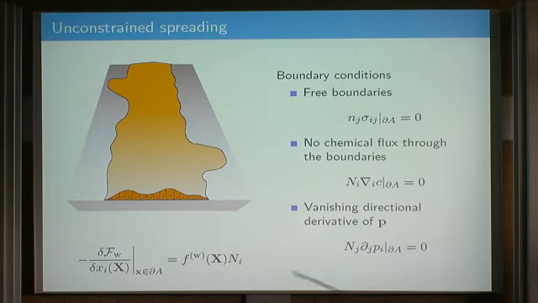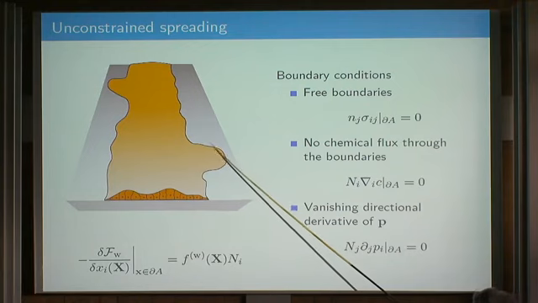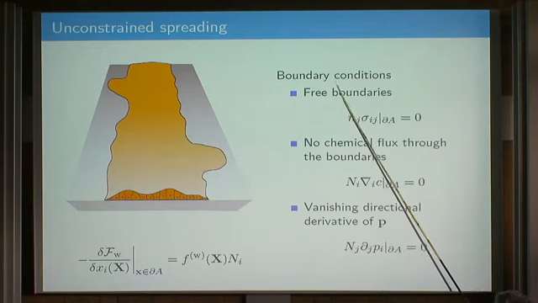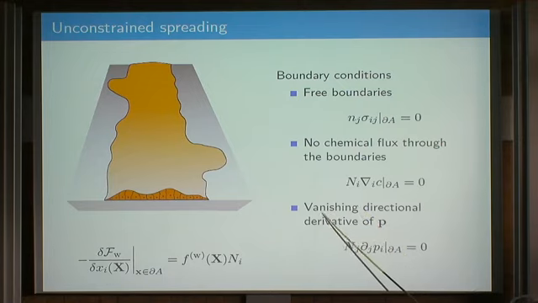This is how we model the boundaries. This is important here because it is similar to wetting. So there is a wetting force on this boundary. There are just free boundaries, there is no chemical flux, and the directional derivative of polarization is set, but this is an important condition for force.